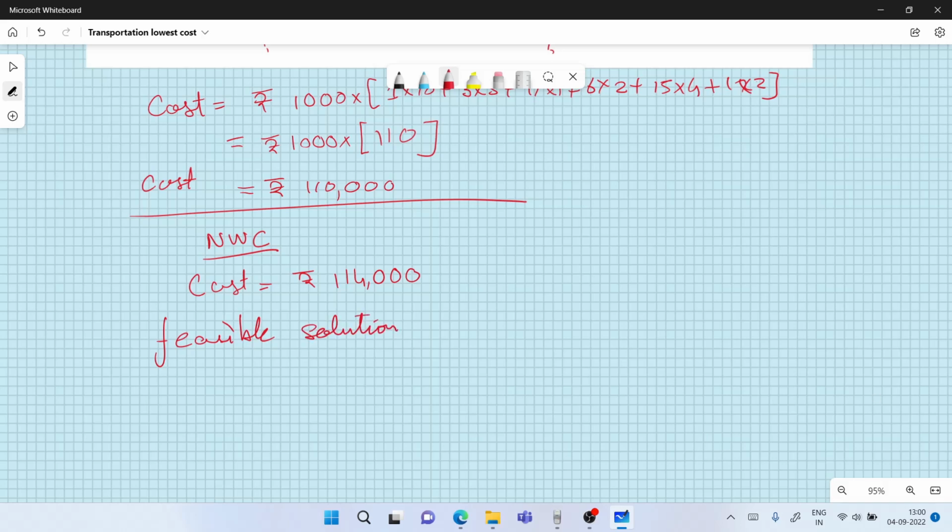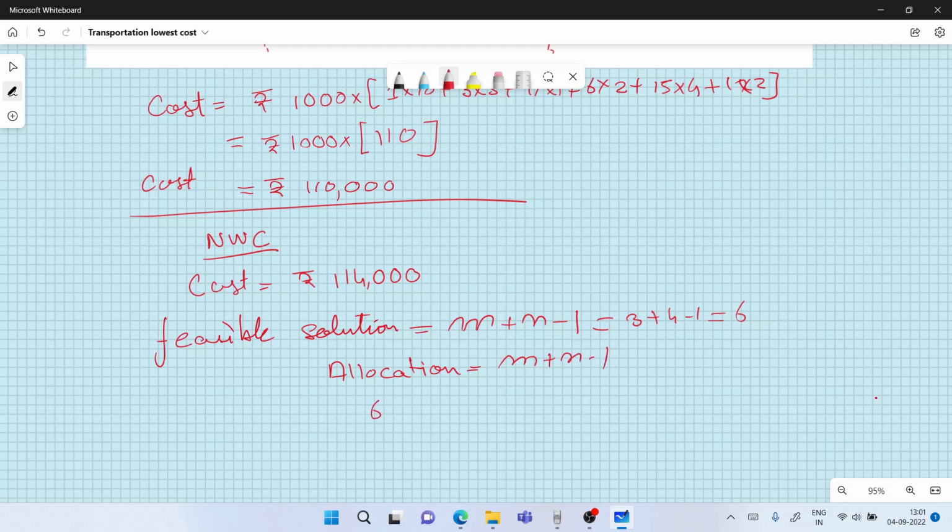Well, for a feasible solution, the condition is that n plus m minus 1, that is number of rows, that is 3, plus number of columns, that is 4 minus 1, which is 6. Your allocations should be equal to m plus n minus 1.